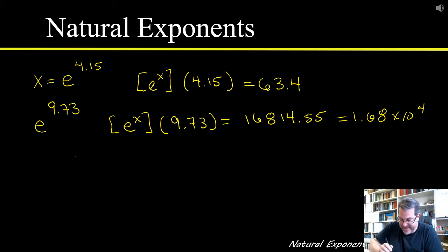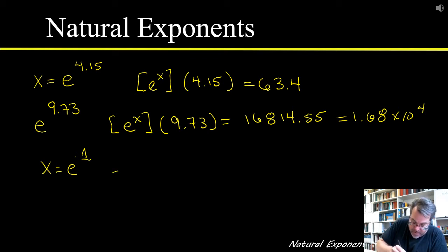All right. A couple important ones. E to the 1, right? If we want to know what e to the 1 is, obviously any number to the 1 is just that number. So e to the 1 obviously just equals e, right? But you can check that in your calculator if you want.